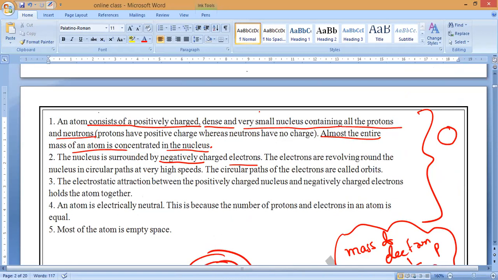They always revolve around the nucleus in a circular path at very, very high speeds. These circular paths we call energy shells, also called orbits.